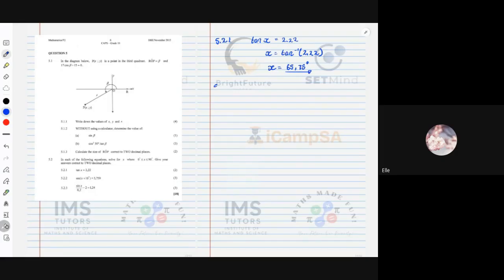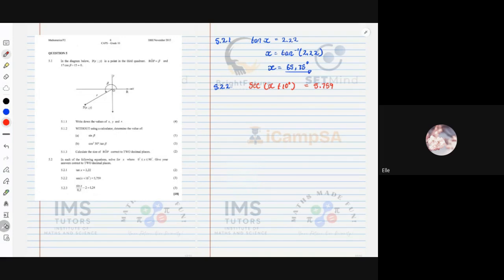Okay, 5.2.2. We are given sec of x plus 10 degrees is equal to 5.759.